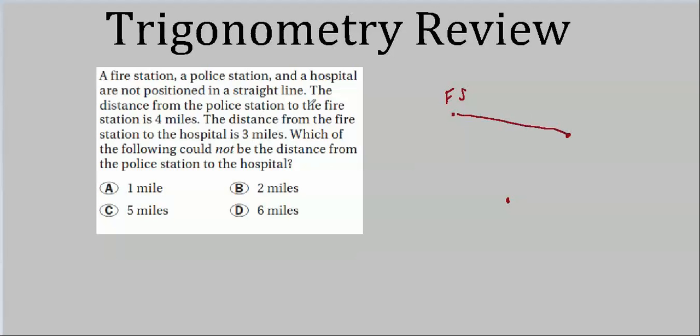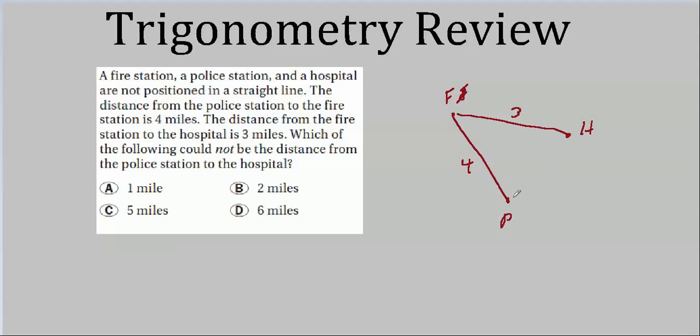Fire station to the hospital, so we'll say this is the hospital. And this is 3 miles. And, oh, here we go. Police station to the fire station. That's 4 miles. Let's call this F for fire station, P for police.